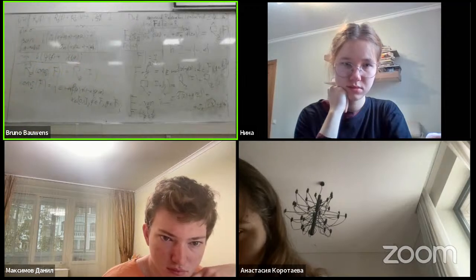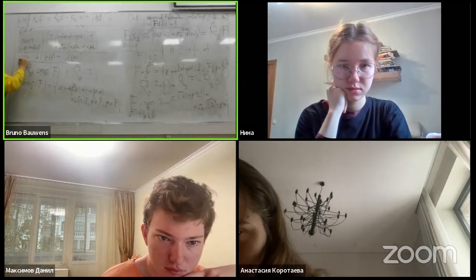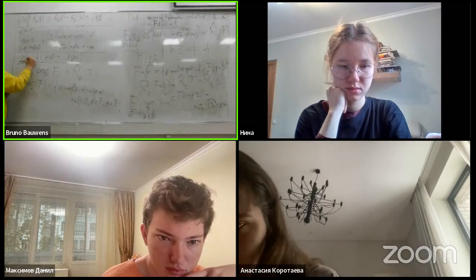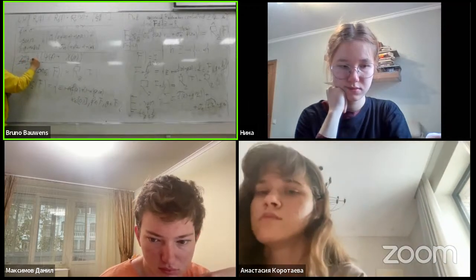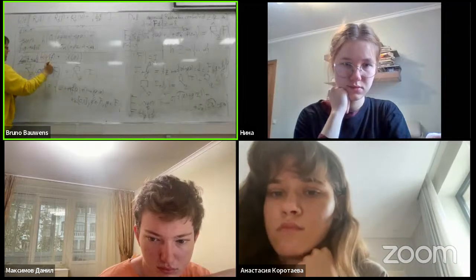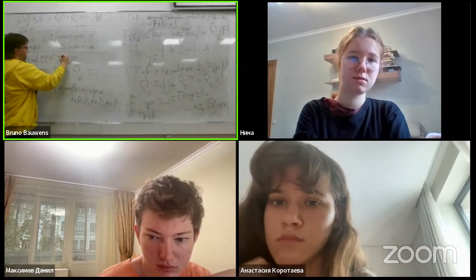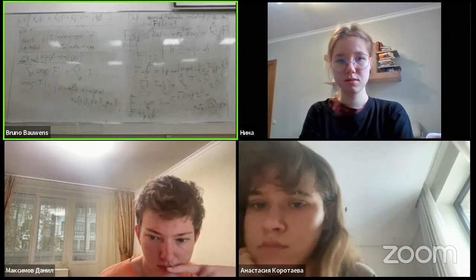And here we have the supremum over f and g and alpha in [0, 1]. I'm sorry, we have alpha, and all these other terms are of the form 1 minus alpha.